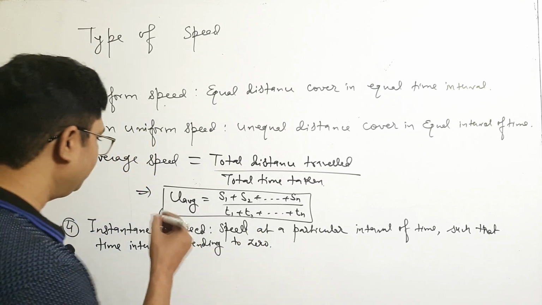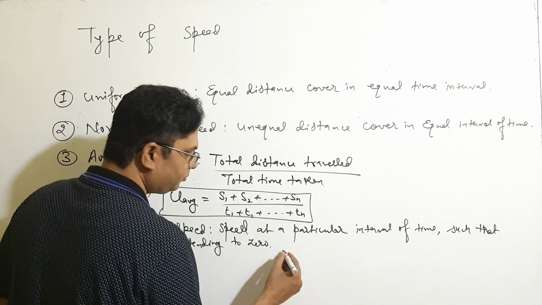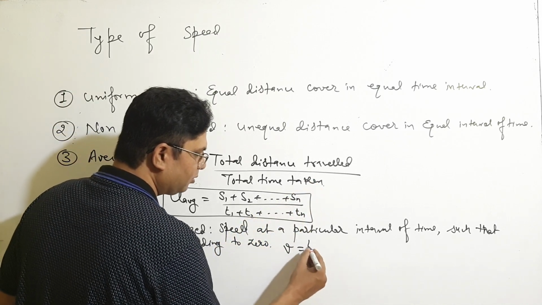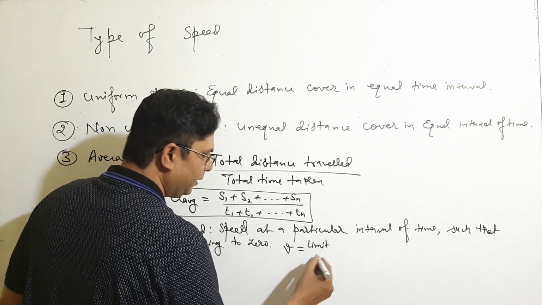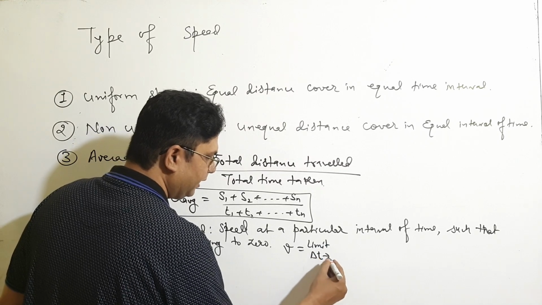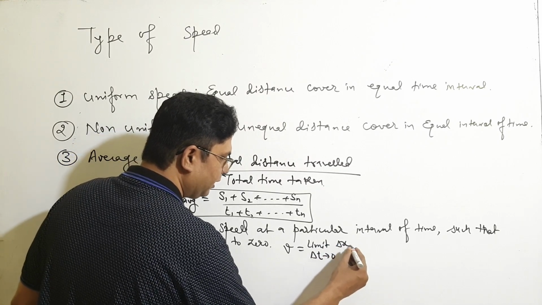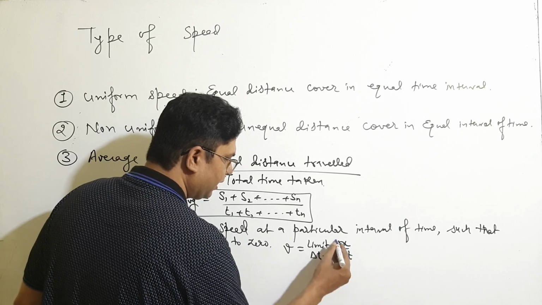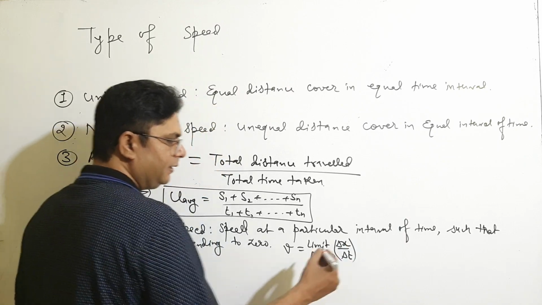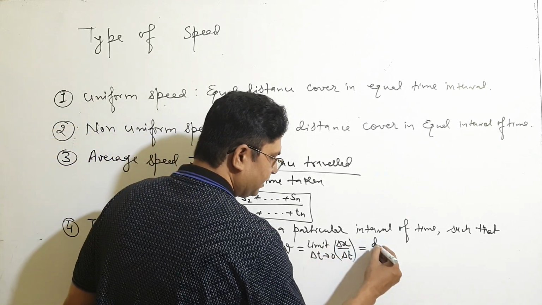In equation form, this can be written as V equals limit delta t tends to 0 of delta x upon delta t.